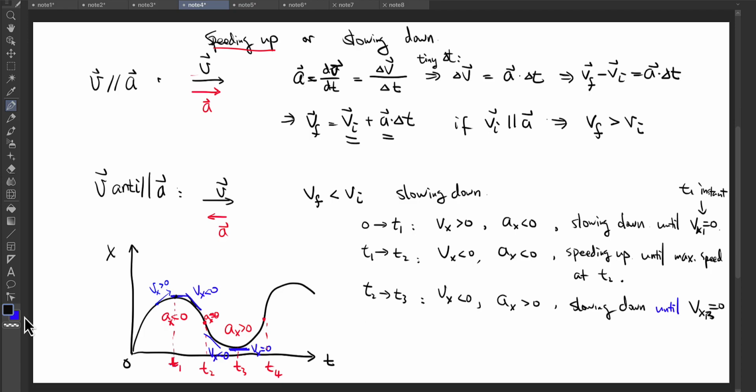Now we can continue this discussion. Let's say I draw a slope between t3 and t4, then that velocity will be positive again.